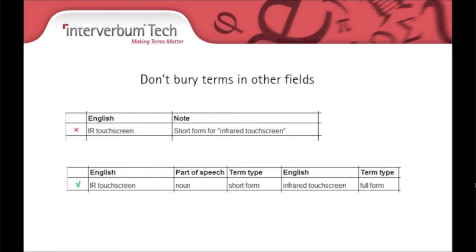So those CAT tools will never be able to produce the translations that might be included in this spreadsheet when it comes across infrared touchscreen, if it is lost in the note like this. Even when people use your spreadsheet manually, they'll not be able to find it easily. Most of them are going to scan up and down the term columns. So you really need to make sure to avoid this. Put all terms into a special term column so that they're not lost.